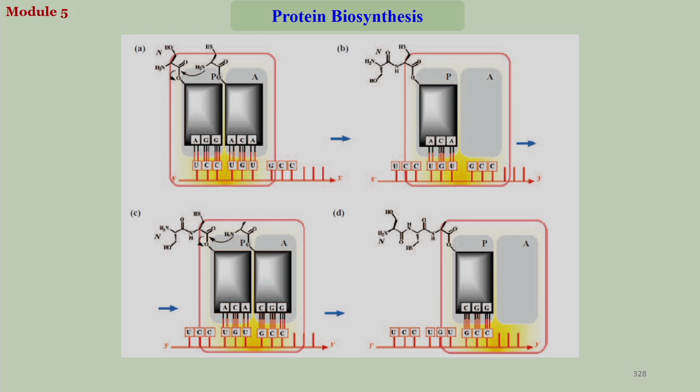This is the anticodon of the tRNA, and this is the codon of the mRNA. They hybridize and stay in the ribosomal part where the ribosome binds with the mRNA.